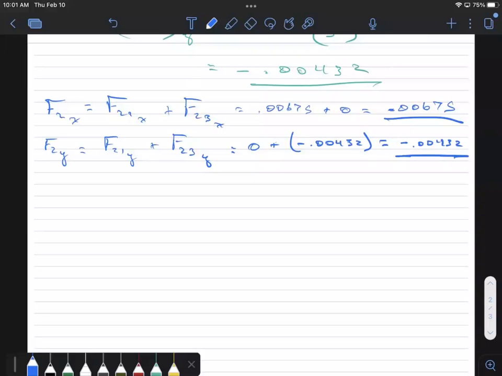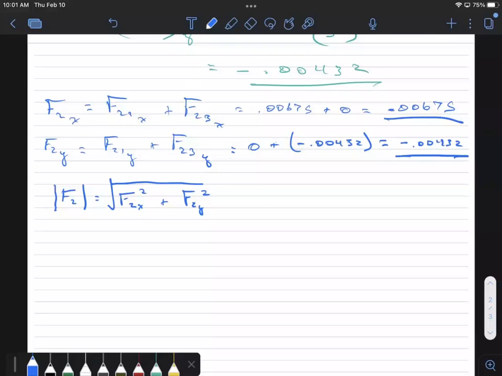Last two steps. Find the magnitude of this vector. Well, I know the magnitude of the vector is given by the square root of the x component of the vector squared plus the y component of the vector squared. Remember, that's the Pythagorean theorem, a squared plus b squared equals c squared. I have the x piece, which is the a, the y piece, which is the b.